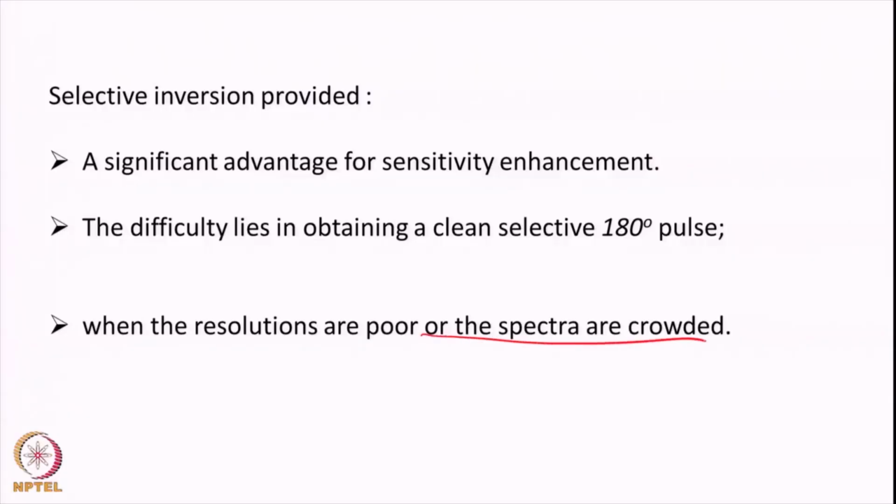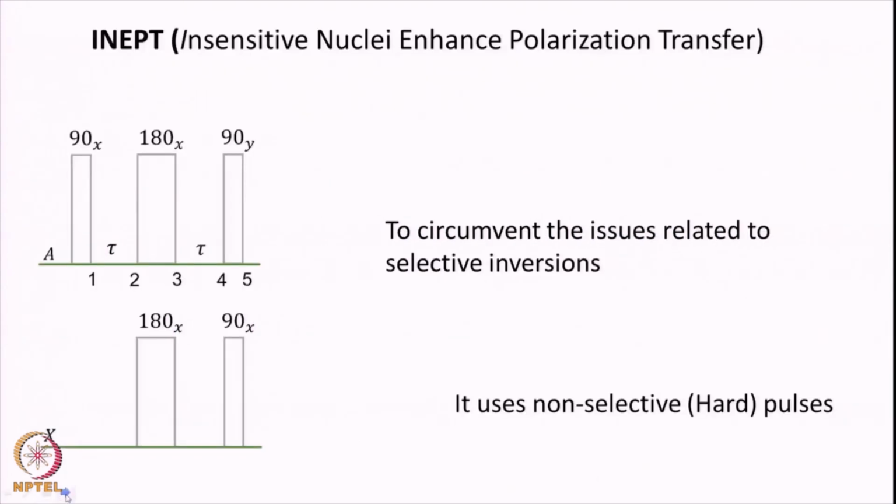Getting that clean 180 degree pulse is a little difficult task, especially in a crowded spectrum where you do not have transitions clearly defined and resolution is poor. Getting a transition selective pulse which will selectively invert one of the transitions is difficult. Therefore, in those cases it can mix up, and the enhancement that we are getting may not be that clean. So, to circumvent such a problem, a method was developed, and this method is called INEPT.